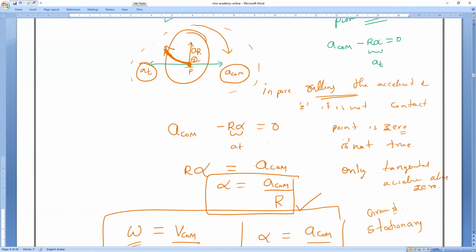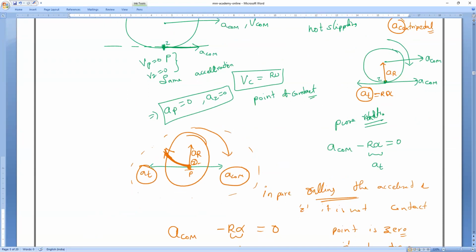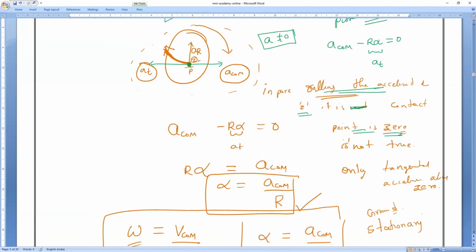So once again, remember, at the point of contact, acceleration is not 0. Please keep it in mind. If I say that in a pure rolling, the acceleration of Z, the contacting point, is 0, it is a wrong statement. It is not true, because when it is rolling with angular velocity omega, definitely this point will start displacing towards the top.